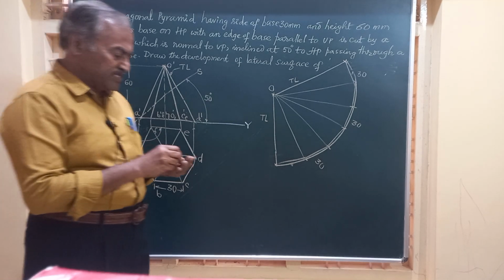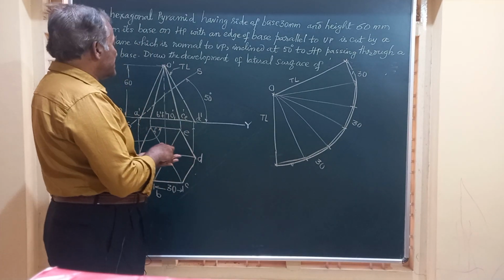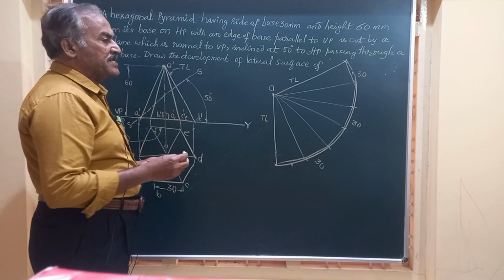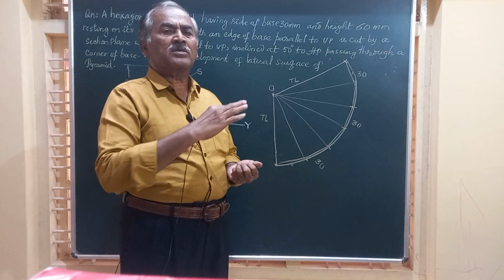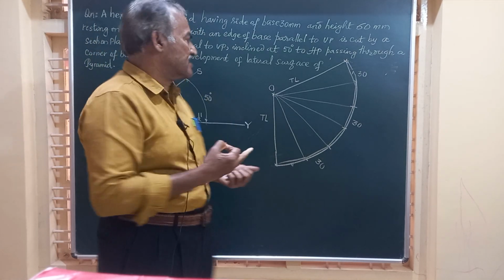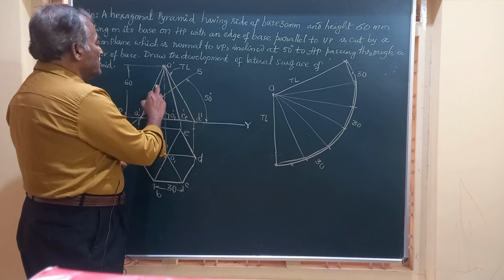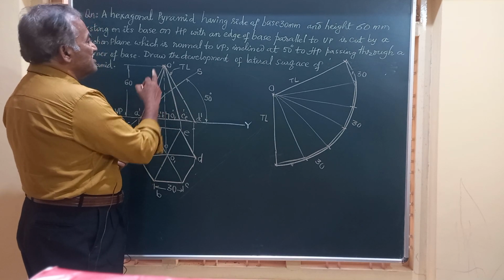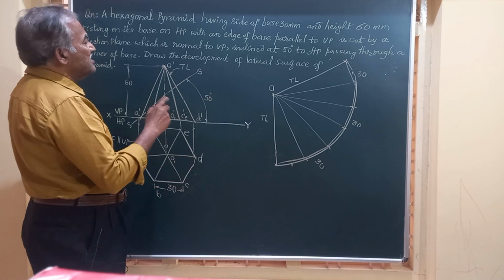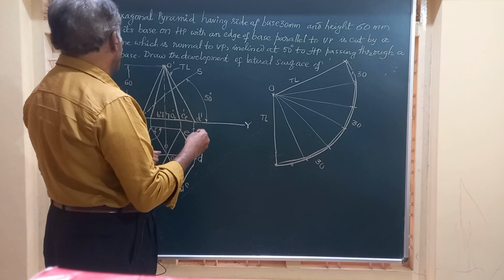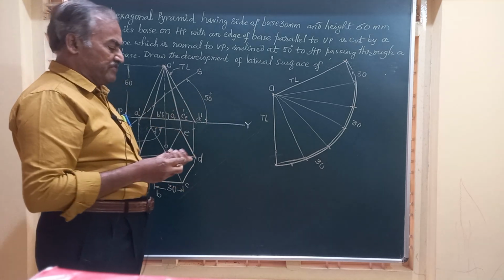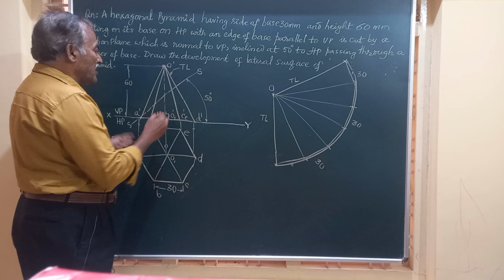And now friends, after the section plane cuts this pyramid, we have to retain one part of that, because it's cut into 2 pieces. We have to draw the development of this surface. It says in the question, draw the development of the lateral surface of the lower part of the pyramid. So lower part means what?